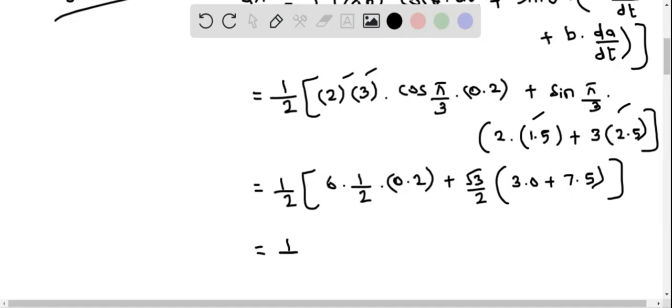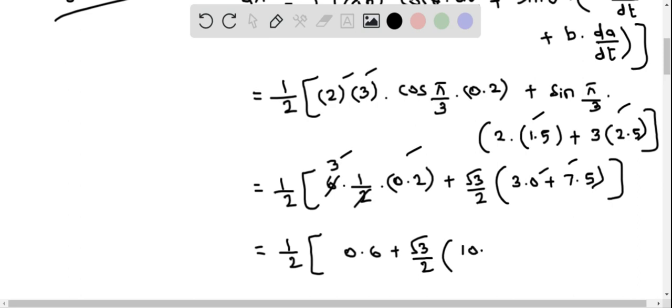So this gives half times, we reduce this to 3, 3 times 0.2 is 0.6, plus root 3 by 2 times 3 plus 7.5 is 10.5.